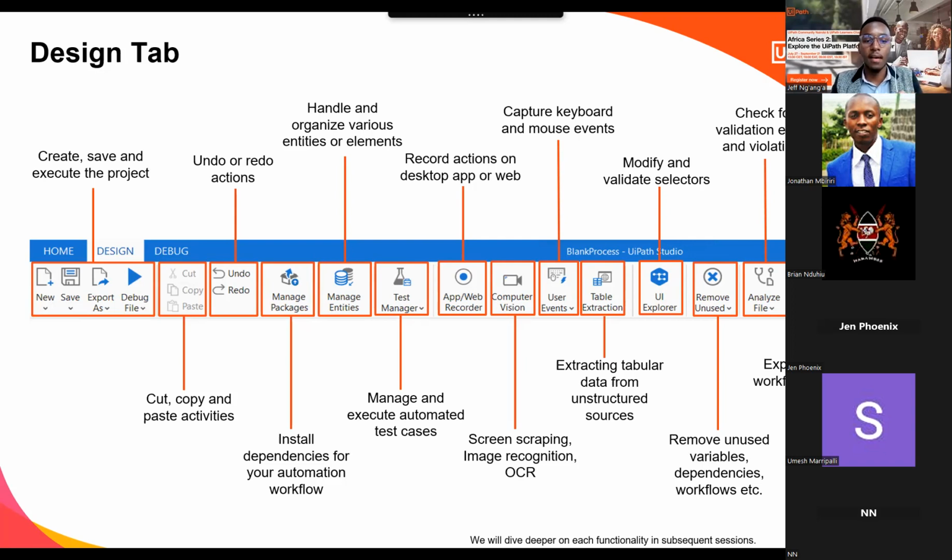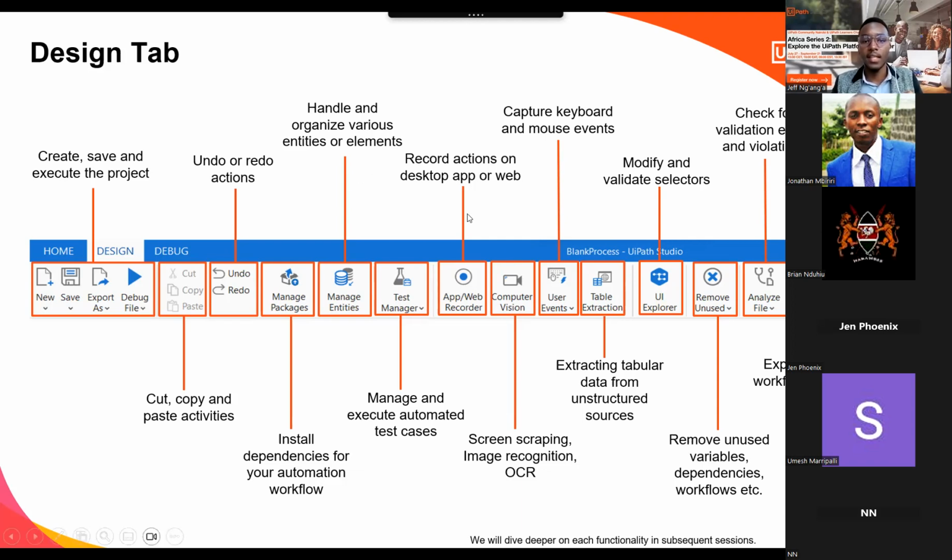The next option we have is computer vision. So under computer vision, what this option enables us to do is things like screen scraping, that is retrieving data from the screen, image recognition, recognizing some images, and OCR, which is optical character recognition.